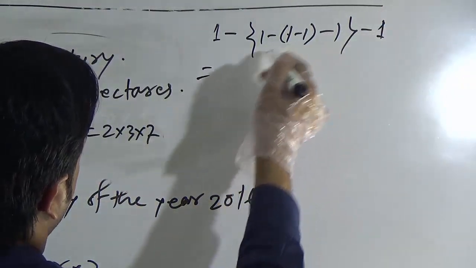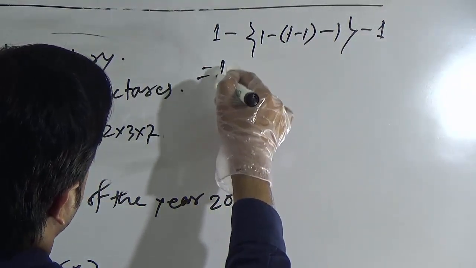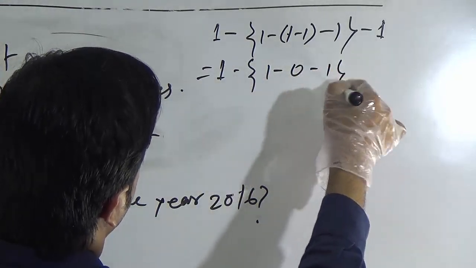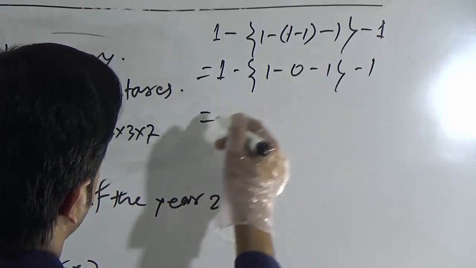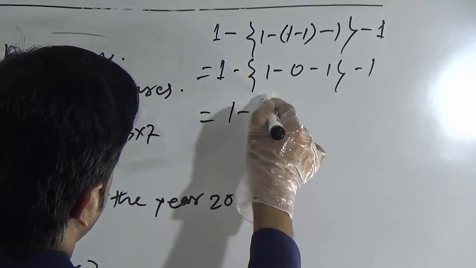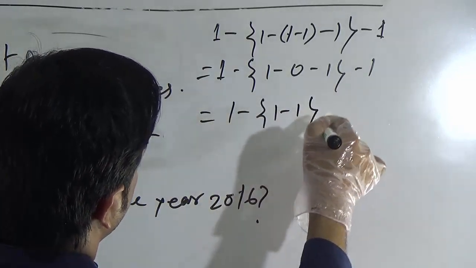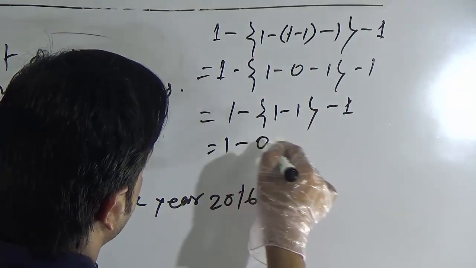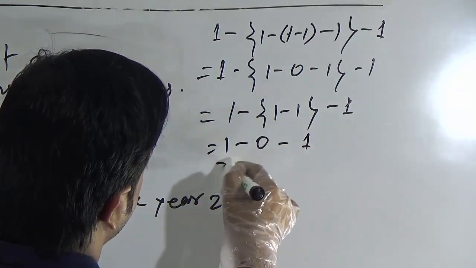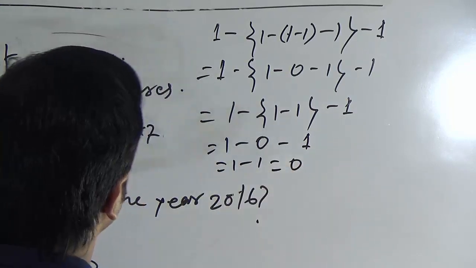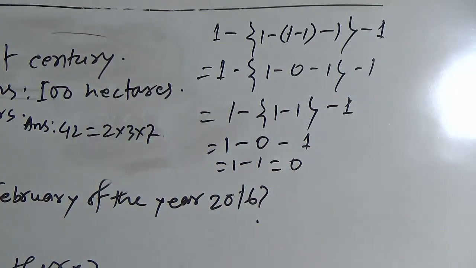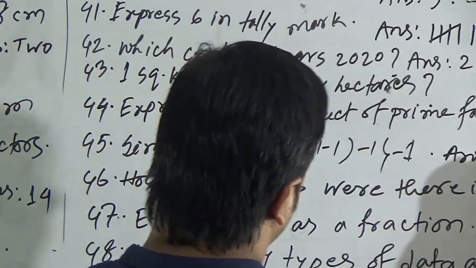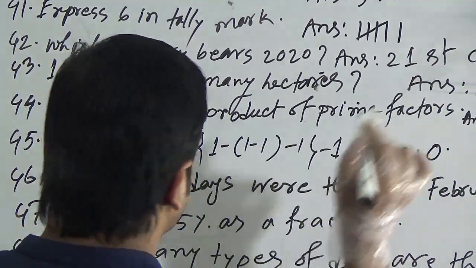Now at first we have to complete the work of the first bracket. So this will be 1 minus 0 minus 1. Then we have to close the second bracket. We will get 1 minus 1 minus 1 minus 1. Then 1 minus, this will be 0, minus 1, it means 1 minus 1 means 0. So our required answer for this question is 0. Question 45, answer is 0.